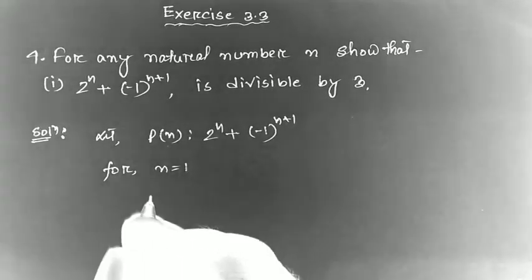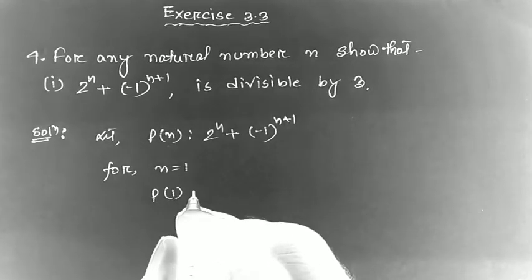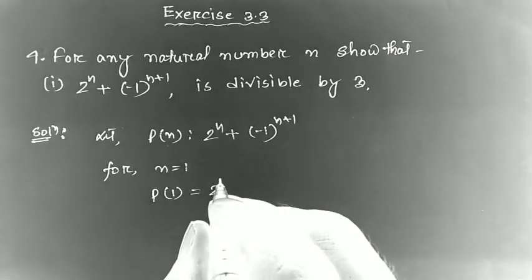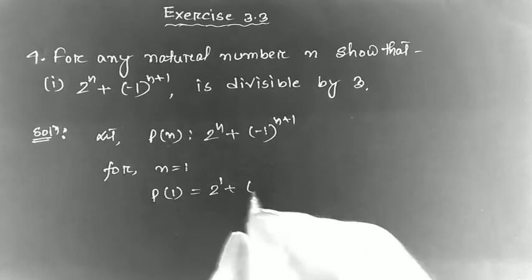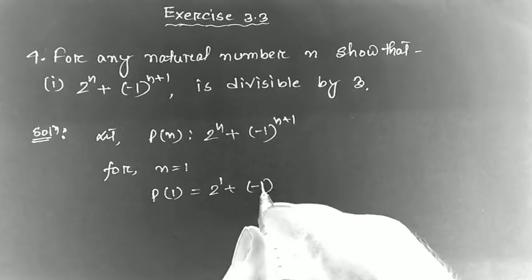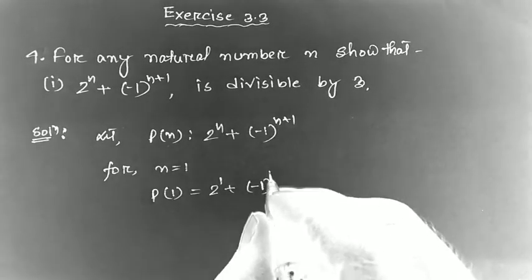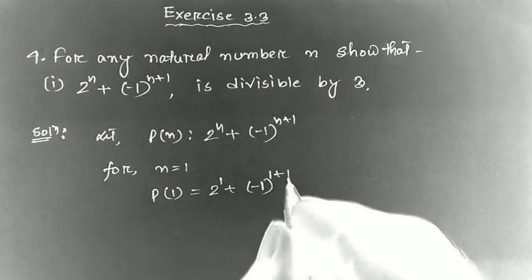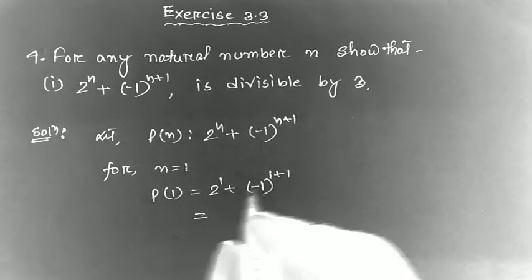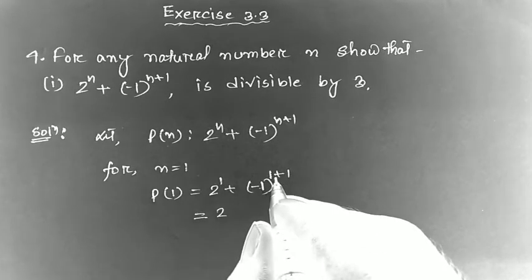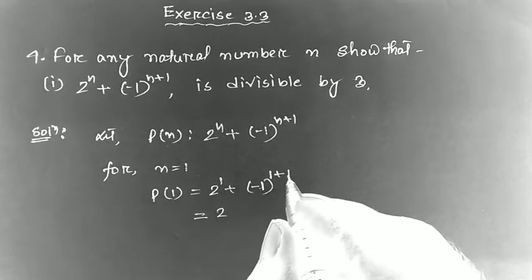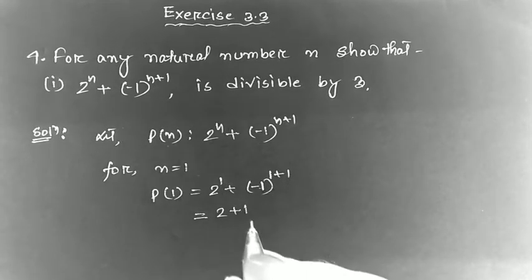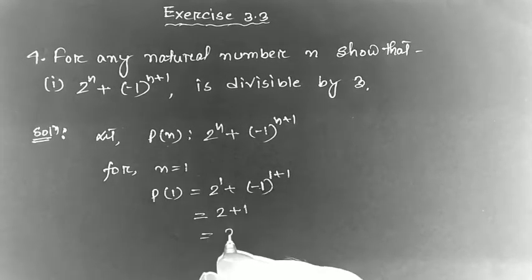So for n equal to 1, what will be the value of P1? Put the value 1: 2 to the power 1 plus (-1) to the power 1 plus 1, since the value of n is 1. What result do we get? 2 plus (-1) to the power 2, that means (-1) squared, which is 1. So the result is 3.